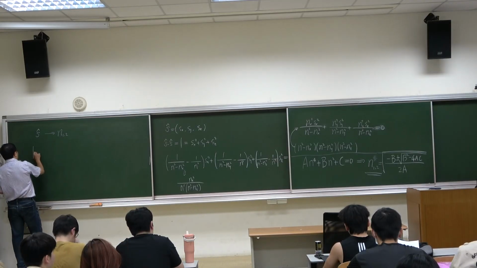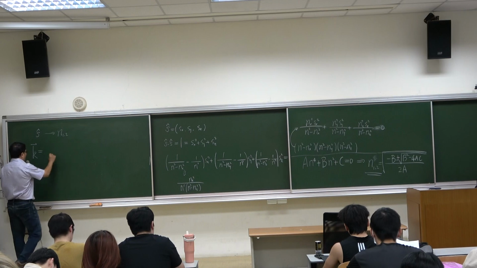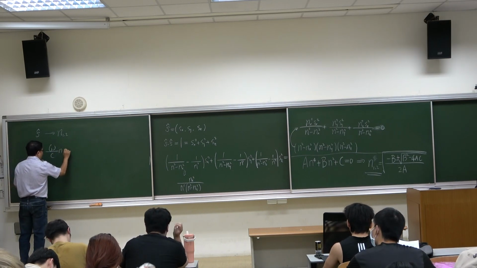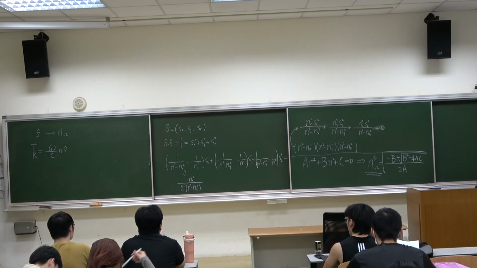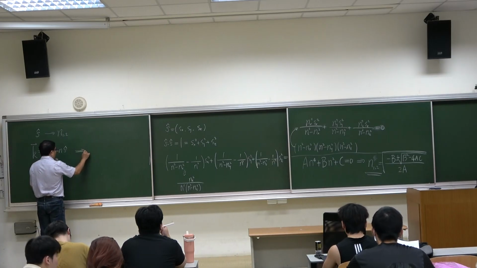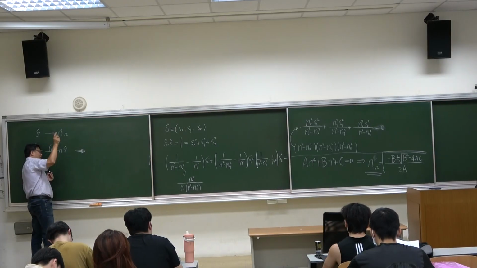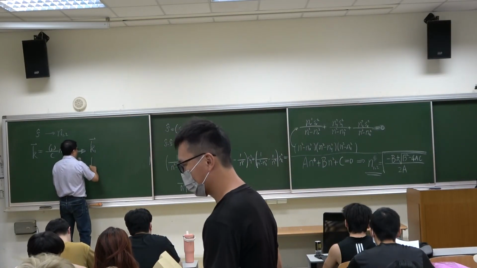However, we know that the k vector is related to the refractive indices and the propagation unit vector by this formula. This means that for one frequency and one propagation direction, we have two possible k vectors.